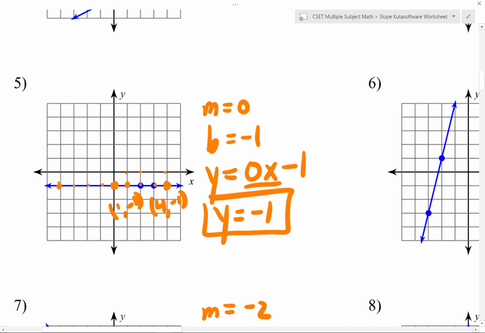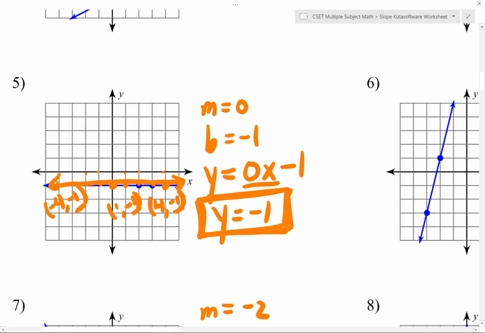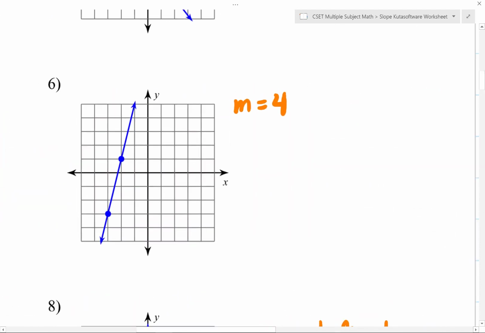If you named this point here, that's -4 on the x and -1 on the y. So notice that every single y value has to be -1. So that's a beautiful way of describing this line, is that it contains all the points whose y values are -1. Check.